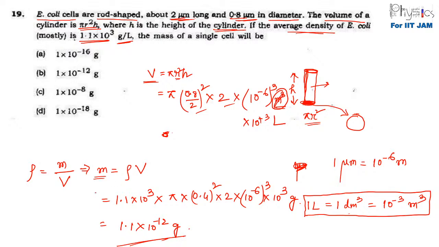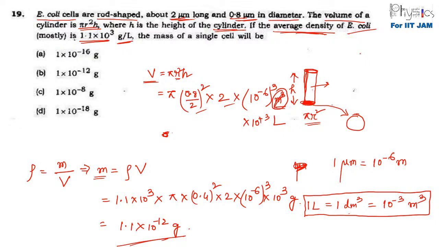You may get confused why to take average density equal to the density of 1 E. coli cell, right? See, average density means the total density of E. coli cells divided by the total number, that is equal to 1 E. coli cell, the density of 1 E. coli cell, right?